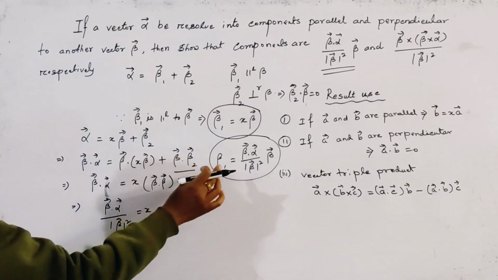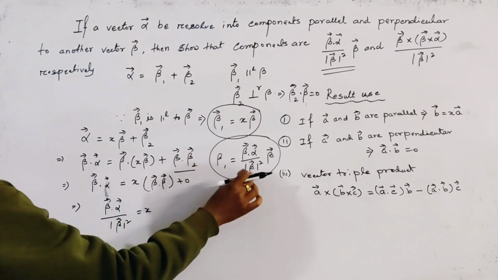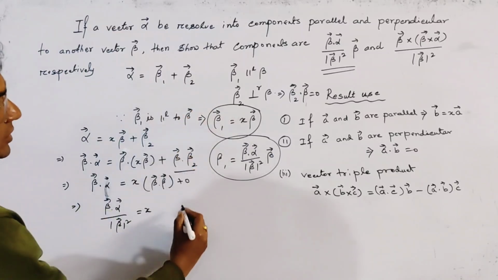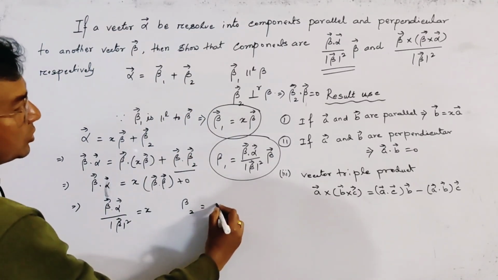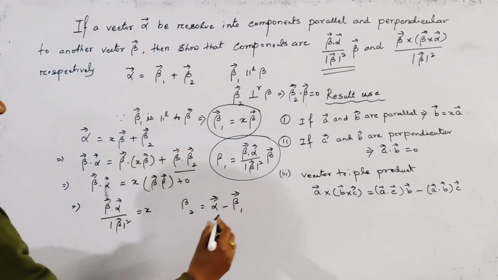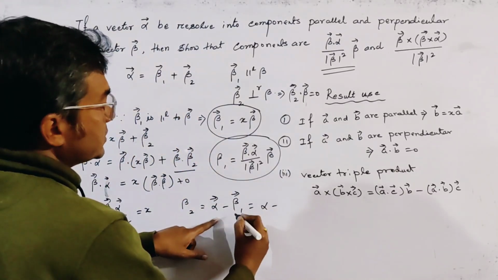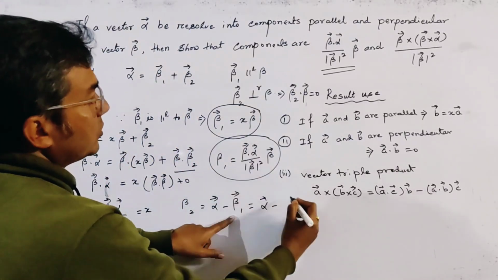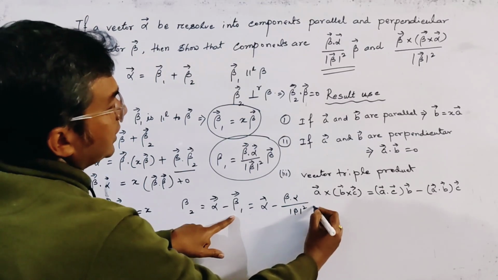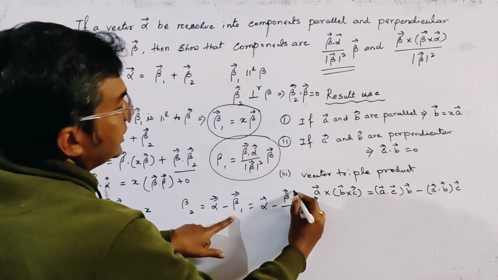Now if we put the value of beta 1 here, we clearly get beta 2 equals alpha minus beta 1, and here we put the value of beta 1, which is beta dot alpha by mod beta square times beta.